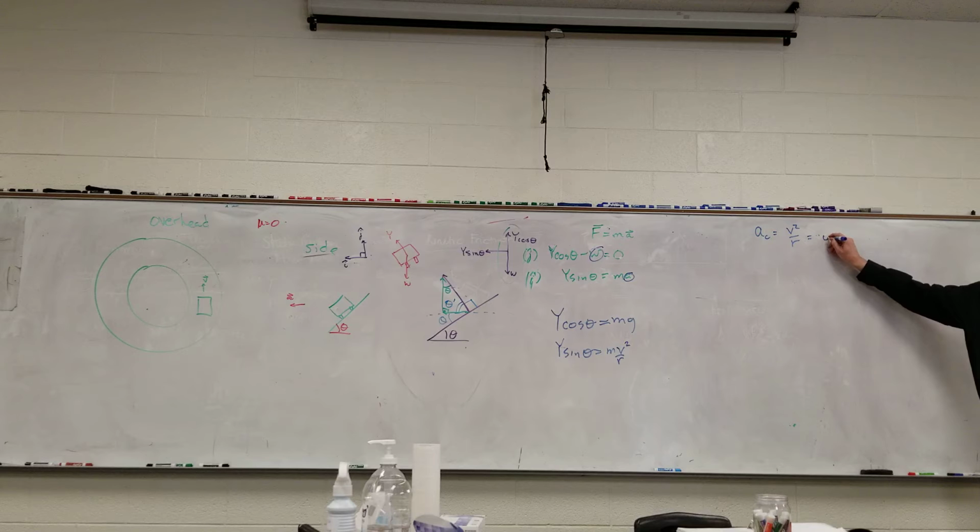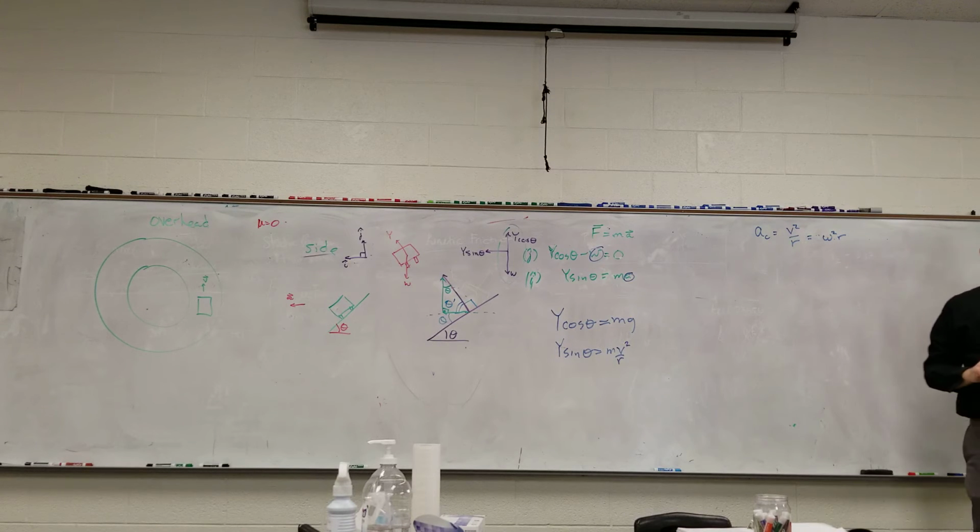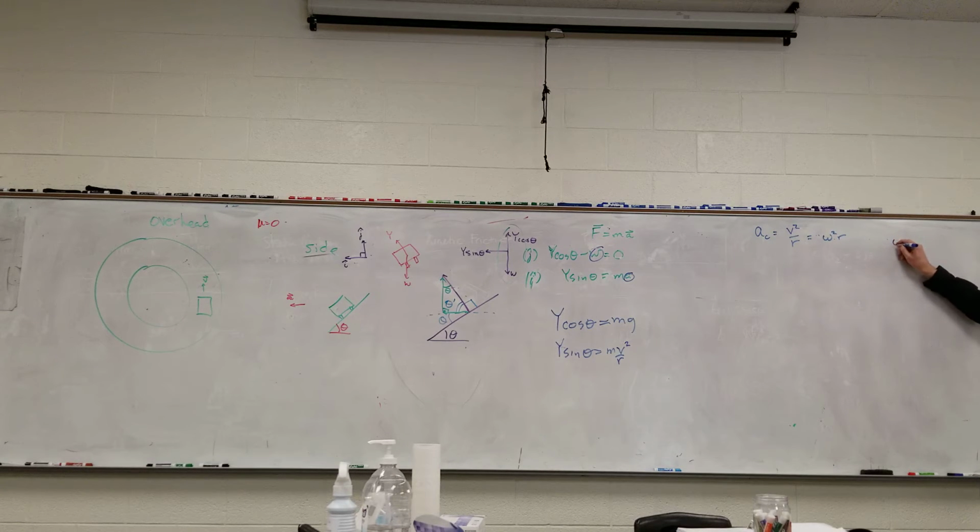I tend to write it at this point as omega squared r. It's possible that what you have right there was r omega squared over r, which would just be r squared omega squared over r, and then that would cancel out with one of those after this.